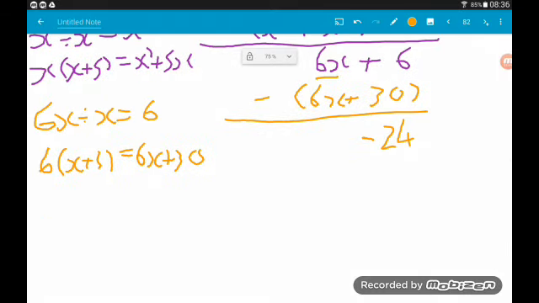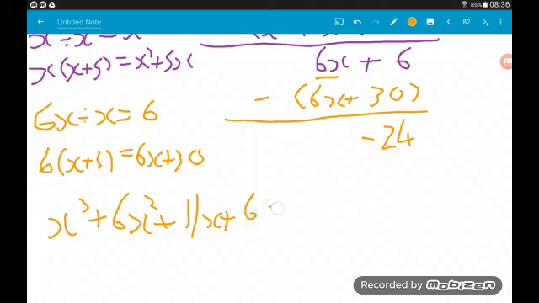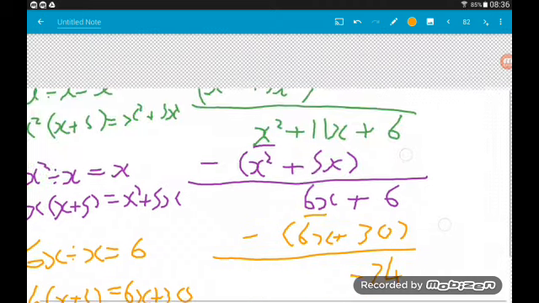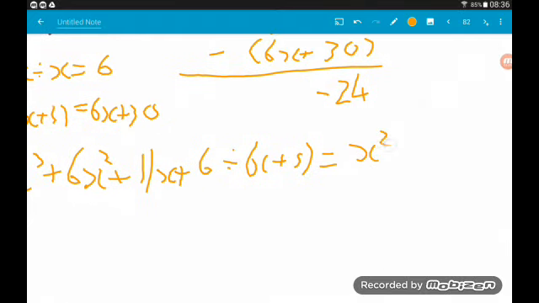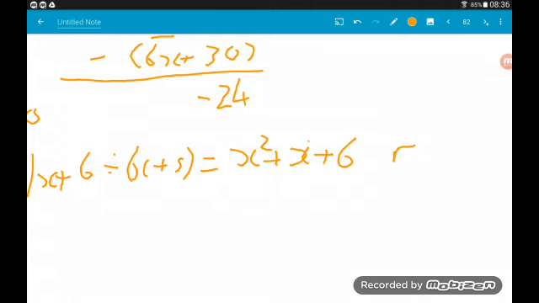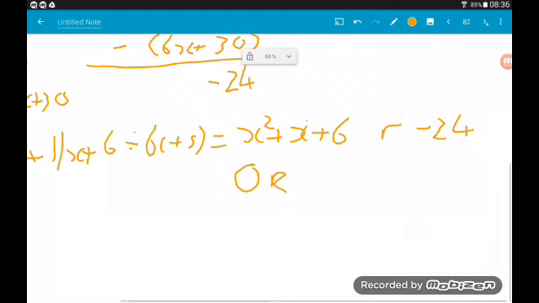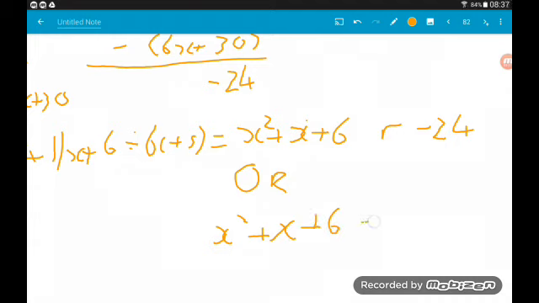So we could say x cubed plus 6x squared plus 11x plus 6 divided by x plus 5 is the quadratic that we got, x squared plus x plus 6, and then on the end we could just put remainder minus 24, or we can write it as x squared plus x plus 6 plus, minus 24 over the divisor. So minus 24 over x plus 5, like that.